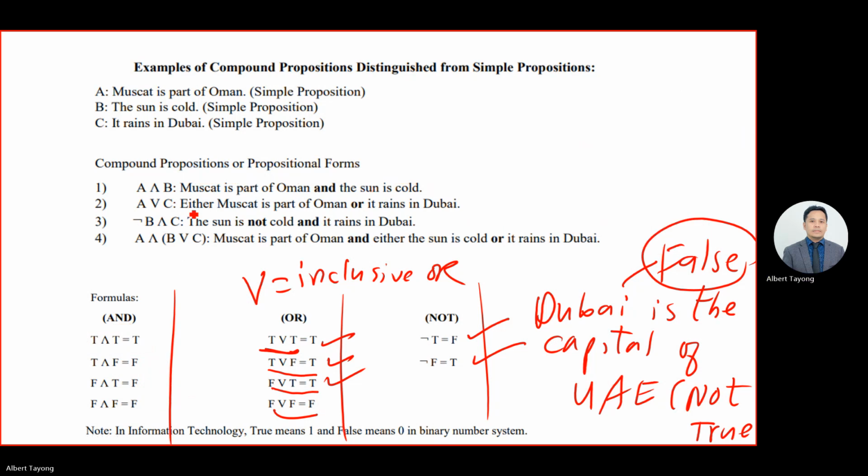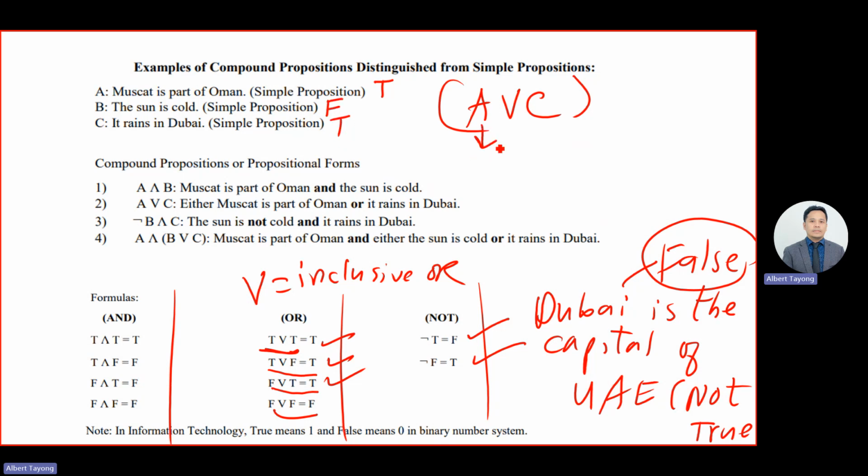The second one is easy to solve by just looking at this formula, A or C. Change A to the truth value. Our A is true, Muscat is part of Oman. The sun is cold is false. It rains in Dubai is true.